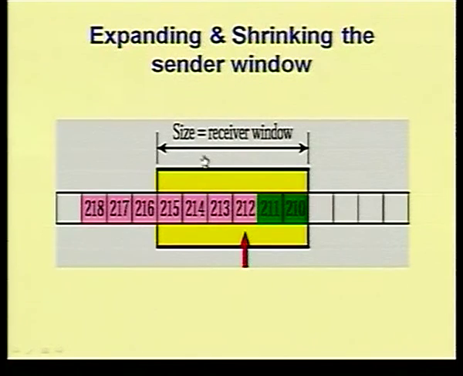If the window size is smaller, so let us say the window size is only 6, then I have already transmitted 210 to 211, not yet acknowledged, so I can only transmit 4 more bytes, 212 to 215. Okay. So this is how the window size will be expanded and shrunk by the sender depending on the advertised window size, and the number of bytes that have been transmitted and the number of bytes that have been acknowledged. All these are taken into account.